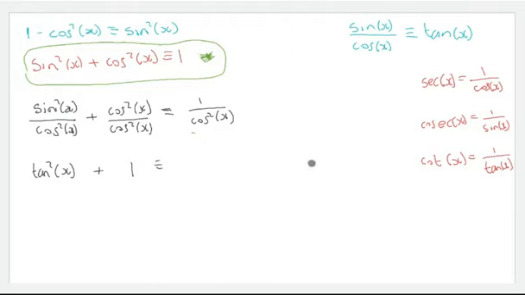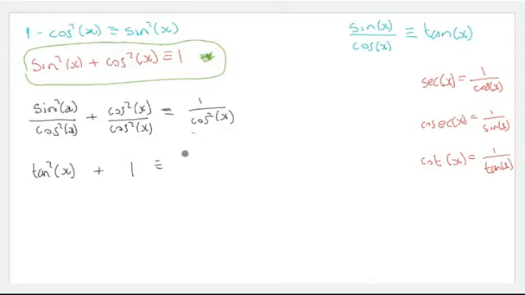And using our new definitions, what does the 1 over cos squared x simplify to? Sec squared x. Yeah, sec squared x. So let's write that down.